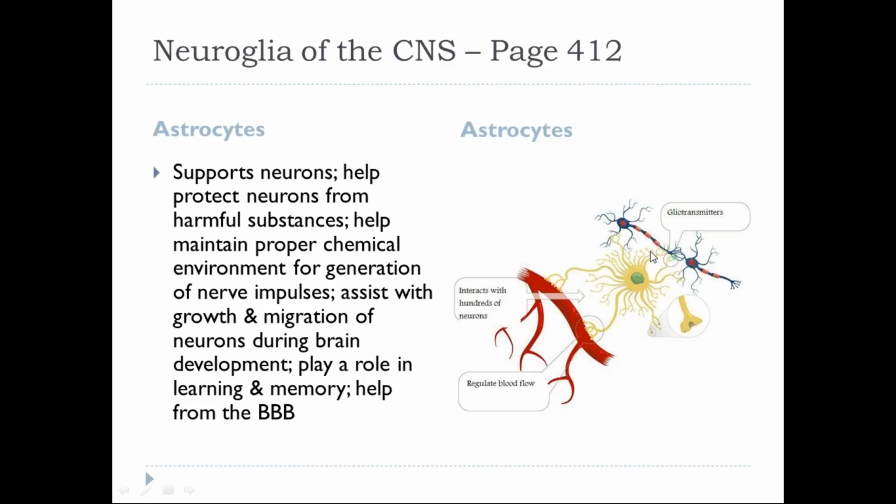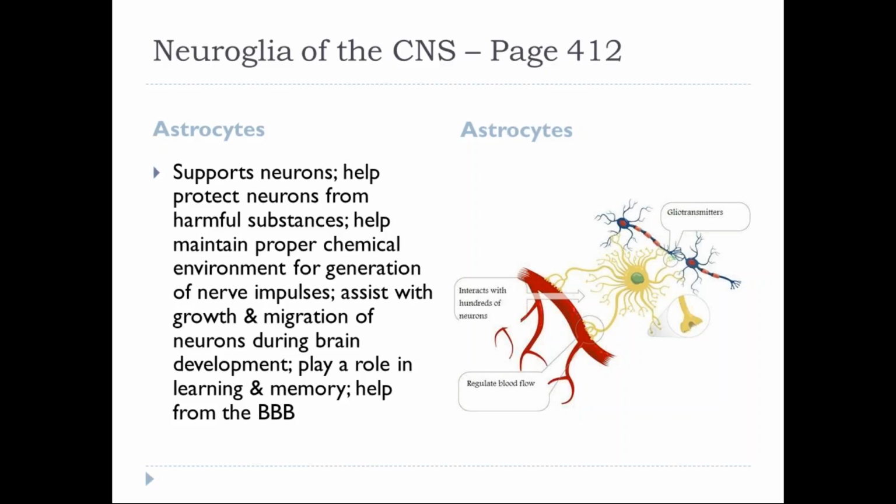What the astrocyte gliotransmitters can do is boost it or try to negate it. So two neurons are trying to have an impulse go between them. The astrocyte can say, go, go, go, and give it extra stuff to boost that and make sure it happens, or give it something so it doesn't.